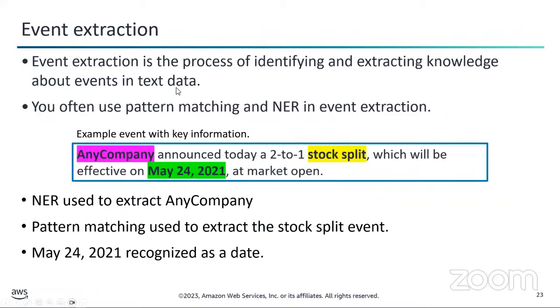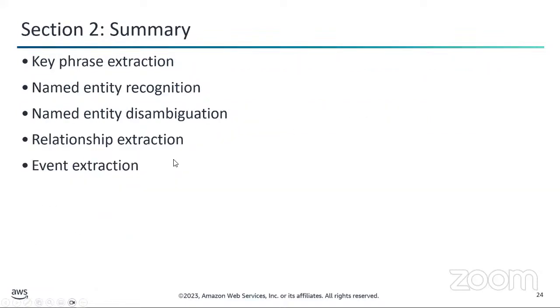Event extraction is the process of identifying and extracting knowledge about events in the text data. So you have to identify the events and dates. These are the five types of information extraction: key phrase extraction, named entity recognition, named entity disambiguation, relationship extraction, and event extraction.